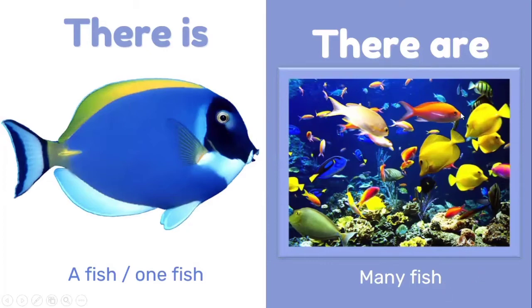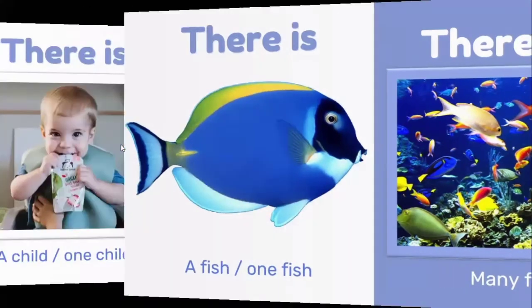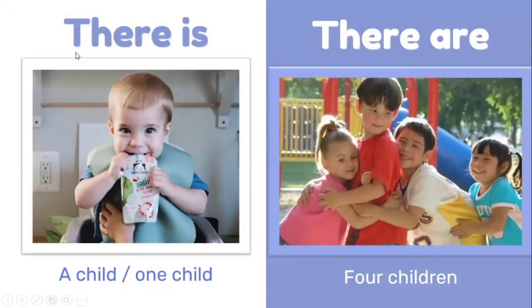Regarding the pictures, there is a child, or there is one child. We don't have to add the letter S to the word child for the plural noun. So, there are 4 children.